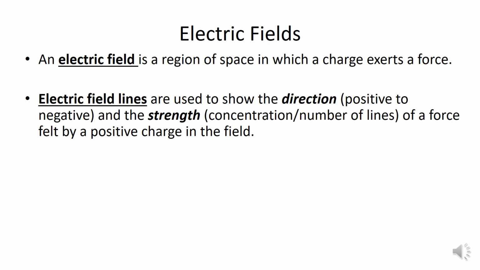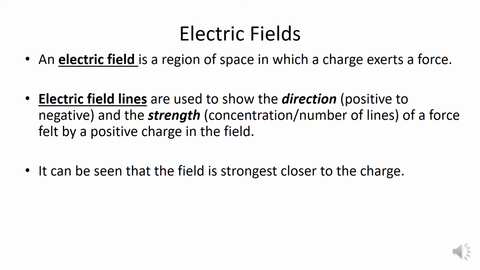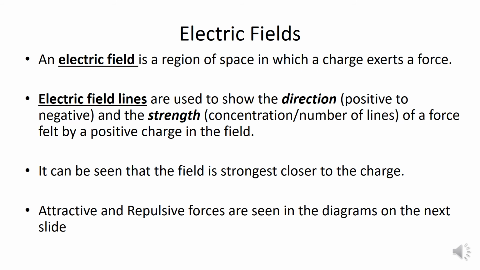So to draw an electric field, we use these imaginary lines to show what would happen if you dropped a positive charge into the picture. It can be seen that the field is strongest closer to the charge, which it should be. And attractive and repulsive forces are seen in the diagrams on the next slide, so we'll look at those.